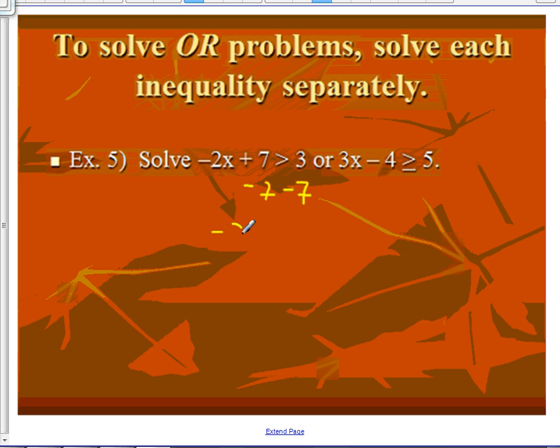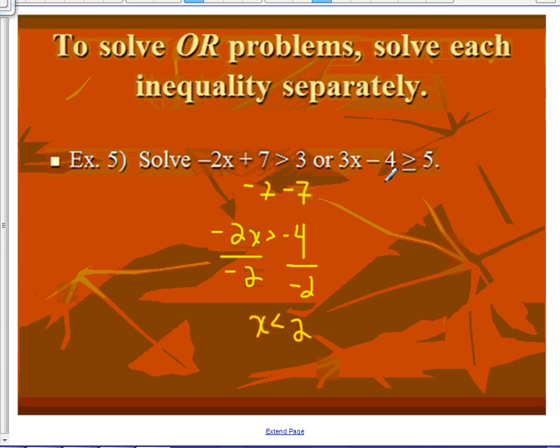So I'm going to have -2x is greater than 3 minus 7, which is -4. Then I'm going to divide by -2. Because I'm dividing by a negative number, if you recall, we need to switch the sign. So I'm going to have x is less than -4 divided by -2, which is +2.